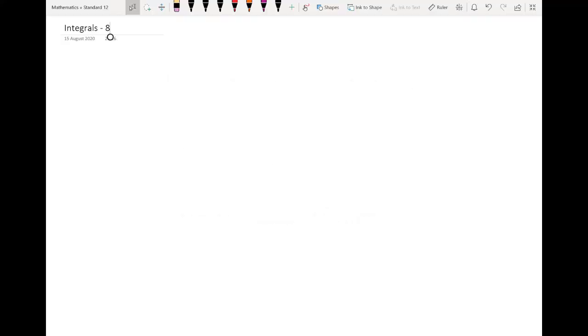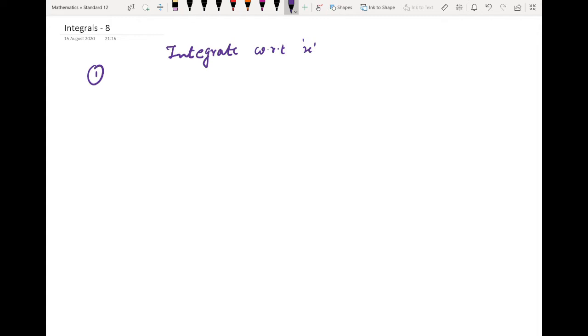So in this lecture we will discuss problems of integration. Integrate with respect to x. First example, 1 upon x raised to 4 minus 1 dx.